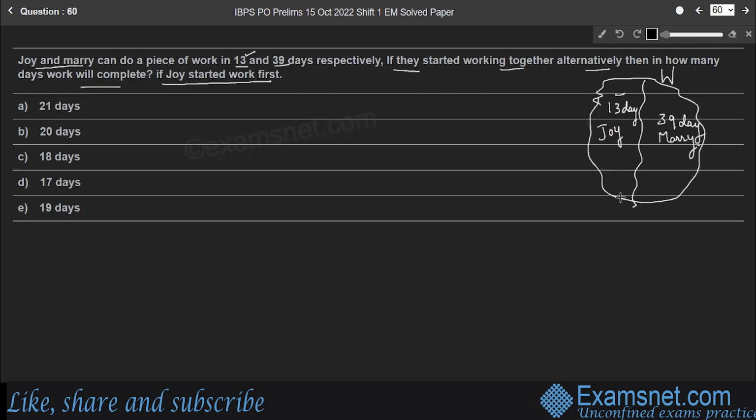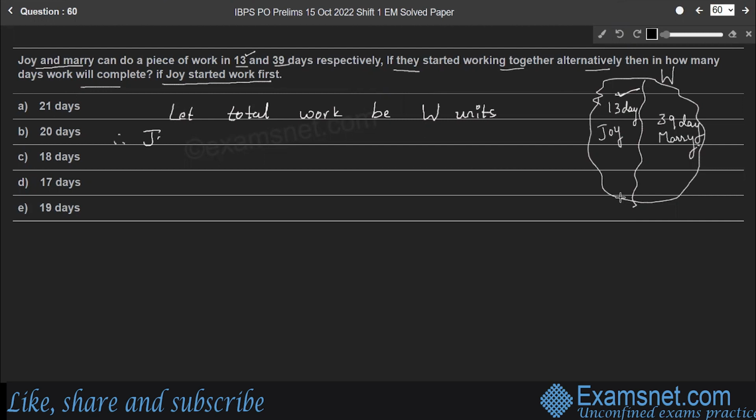So let us find Joy's 1 day work and also Mary's 1 day work. Here we are using the trial and error method. So we'll go step by step here, then you will understand. Let the total work be W units. Joy does a piece of work in 13 days.